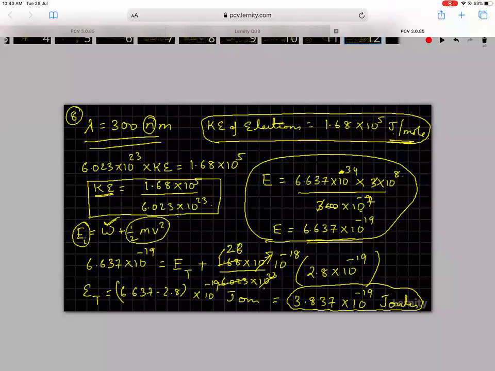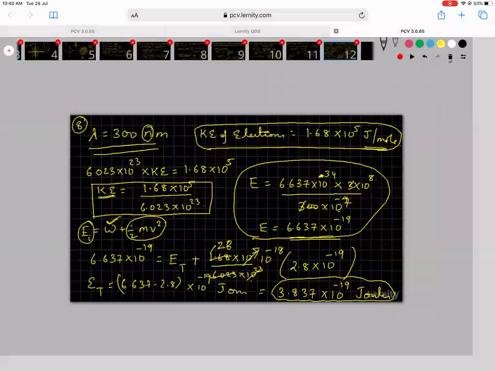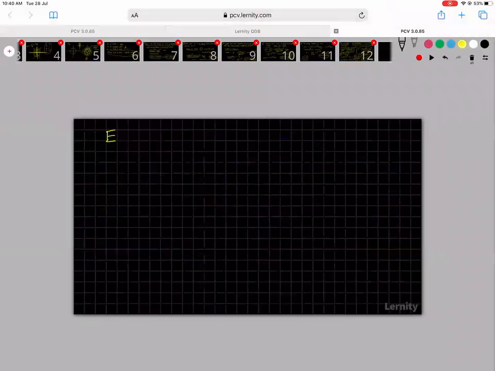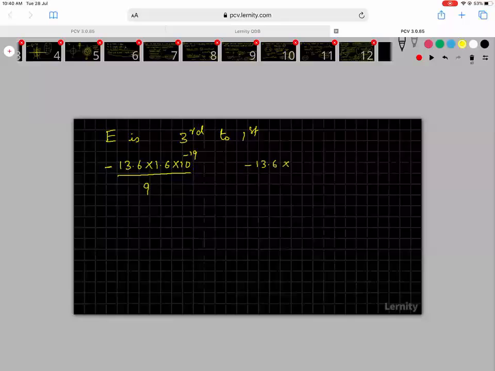Then what is the radiation emitted if an electron jumps from the 3rd shell to the 1st shell of a hydrogen atom? So in 3rd shell the energy is minus 13.6 into 1.6 into 10 power minus 19 divided by 9 joules. In the 1st shell it is minus 13.6 into 1.6 into 10 power minus 19 by 1.